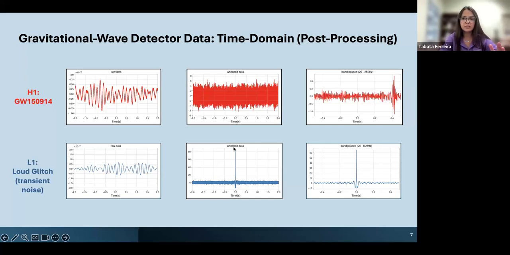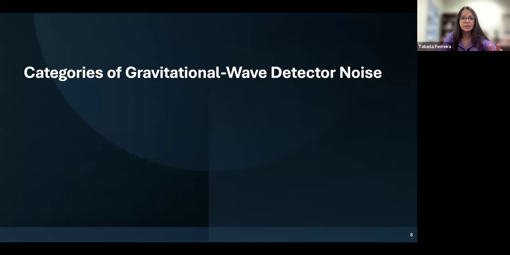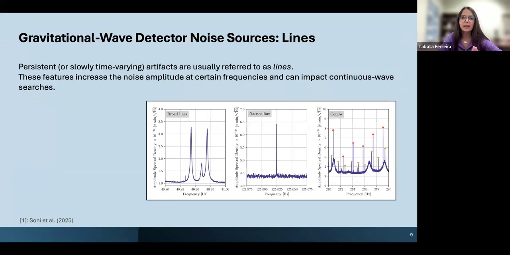All right, now that we have an idea about data, let's talk about gravitational wave detector noise. As I said, we have persistent or slowly time varying artifacts called lines in our data. When I showed you the ASD, we saw some lines, including 60 hertz, that are there all the time.